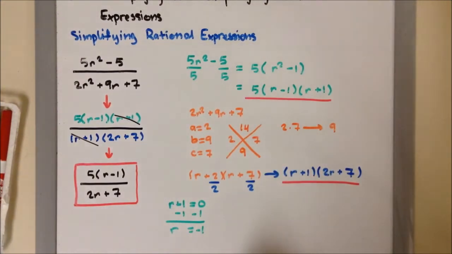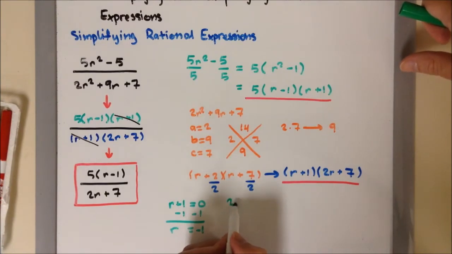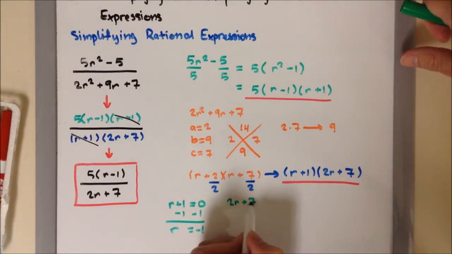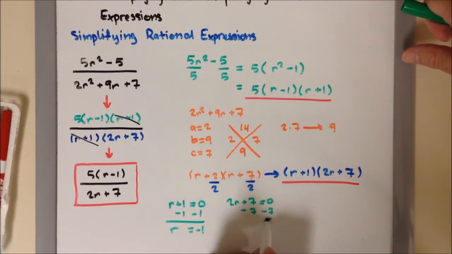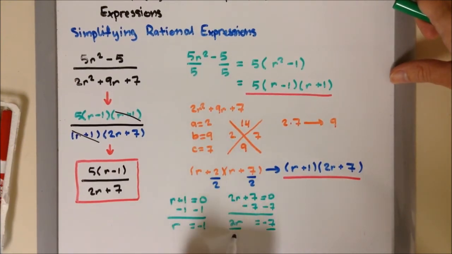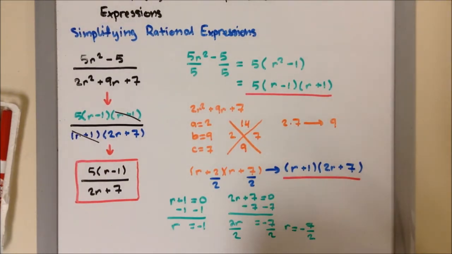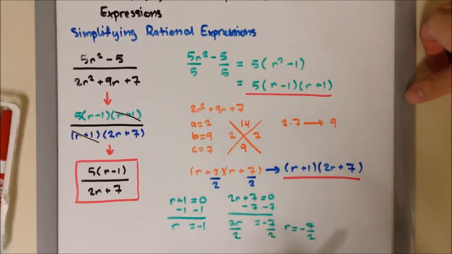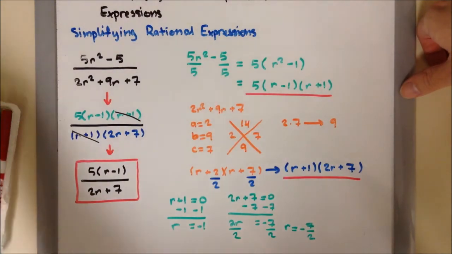Alright, now the other factor, 2r plus 7 equal to 0. So minus 7 on both sides. Then I divide both sides by 2. So r equals negative 7 over 2. Again, that's r equals negative 7 over 2. Excuse my handwriting.